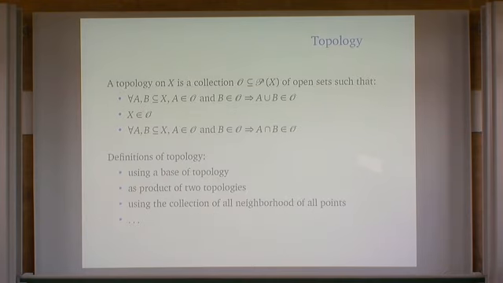Then, topology is defined in the usual way by the collection of open sets, and there are many ways to define the topology: giving the set of all open sets, or a base of topology, or the product of two topologies, or using the collection of all neighborhoods, which is really useful because we don't need to describe all the open sets, we just need to describe which is the neighborhood of every point in our set, and also other ways.